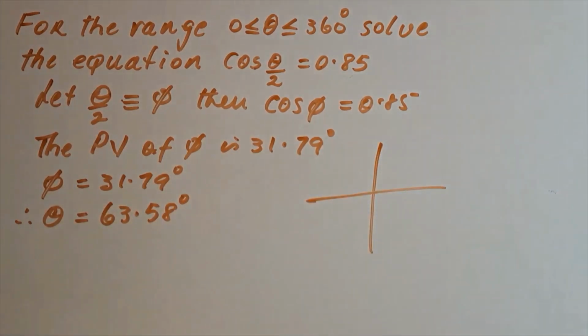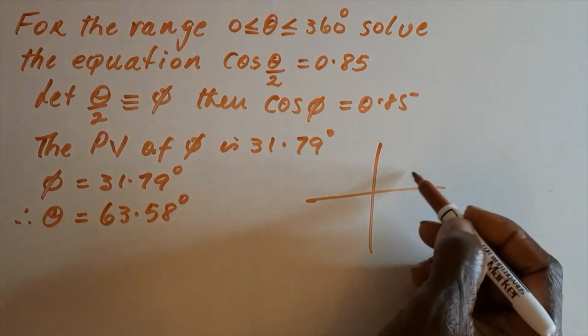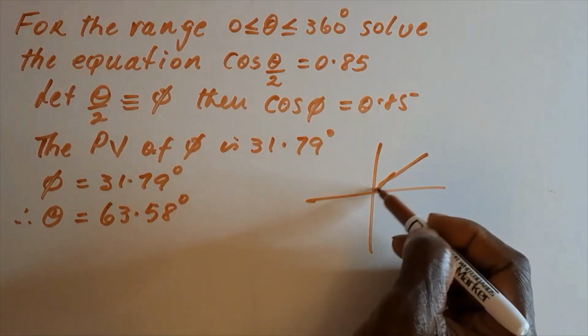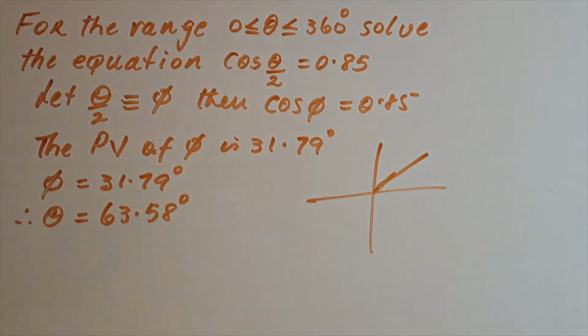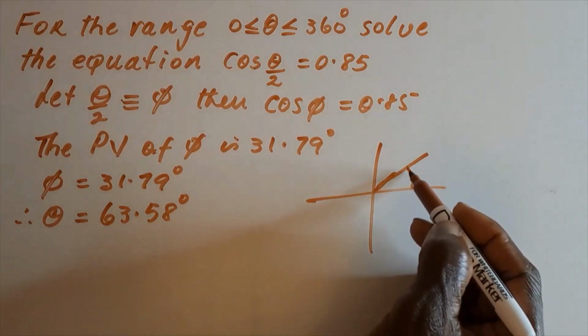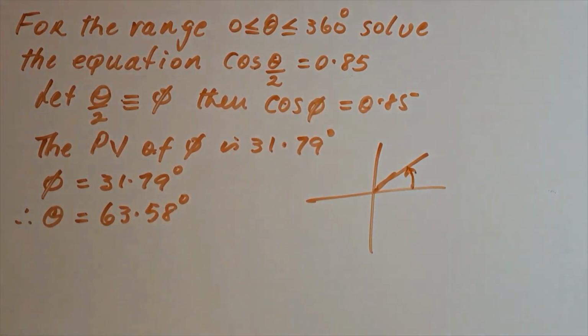If we look at it in a quadrant diagram, 31 lies in this quadrant, and it's positive. Cosine half of theta is positive. We're restricted to theta lying between 0 and 360 degrees.